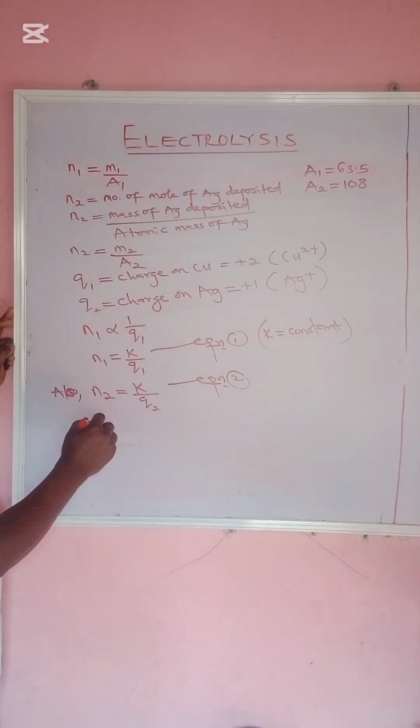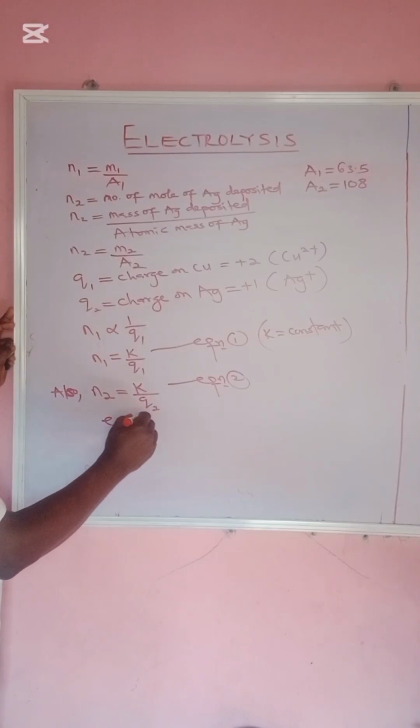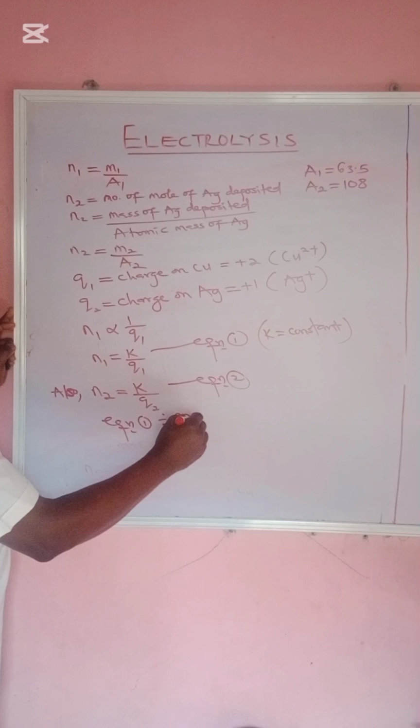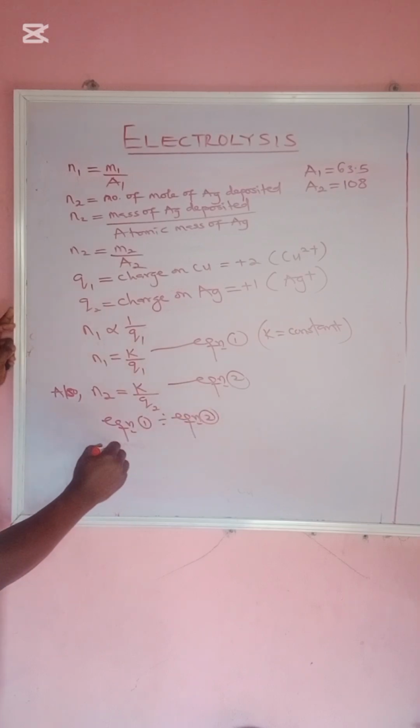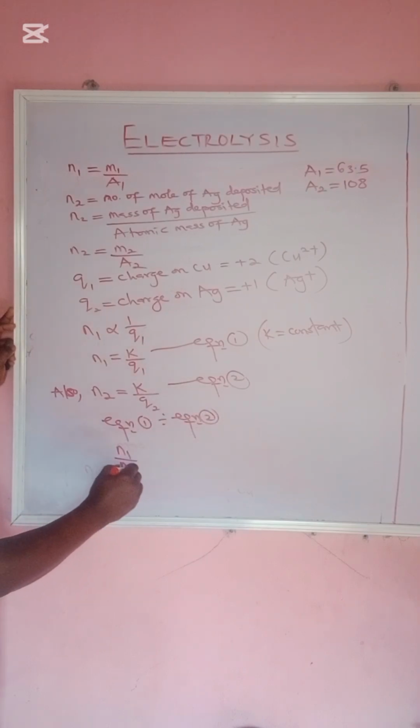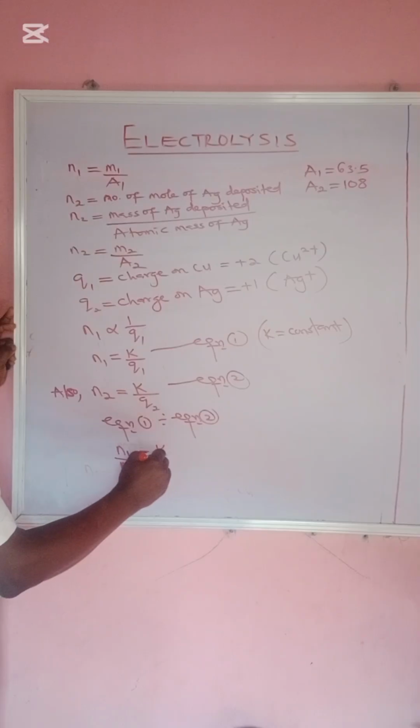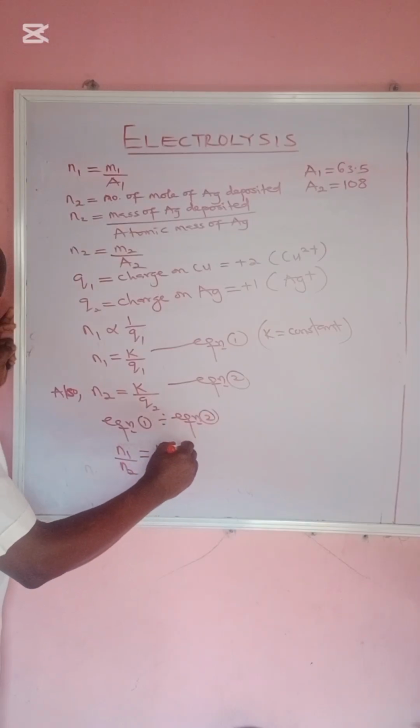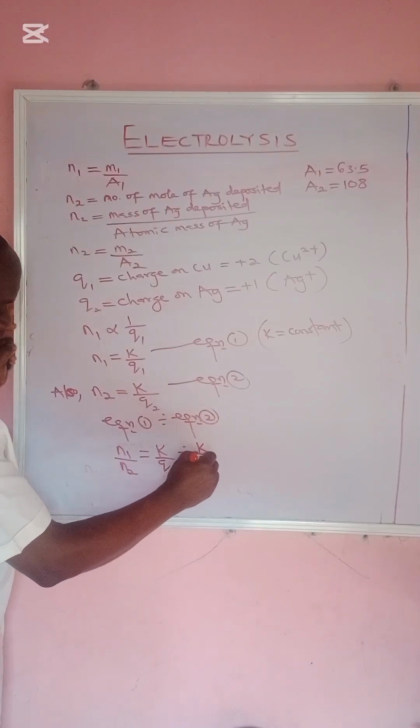So if you cross multiply here, you divide equation 1 by equation 2. So we have N1 all over N2 is equal to K all over Q1 divided by K all over Q2.